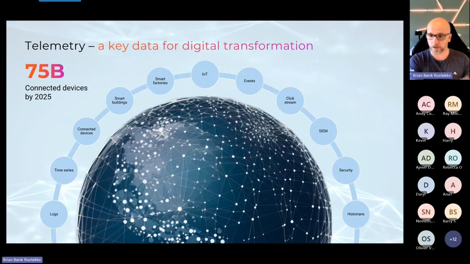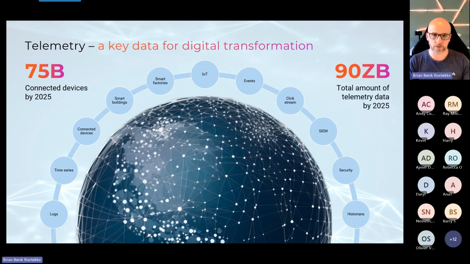It could also be a thermometer or a mobile phone or a webcam or something. Some devices streaming data out into the big internet. All of these devices will potentially stream around 19 zettabytes of data a year when we reach 2025. This is huge amounts of data, and we need a software or a service to handle all of this. And this is where real-time analytics in Fabric comes into play.